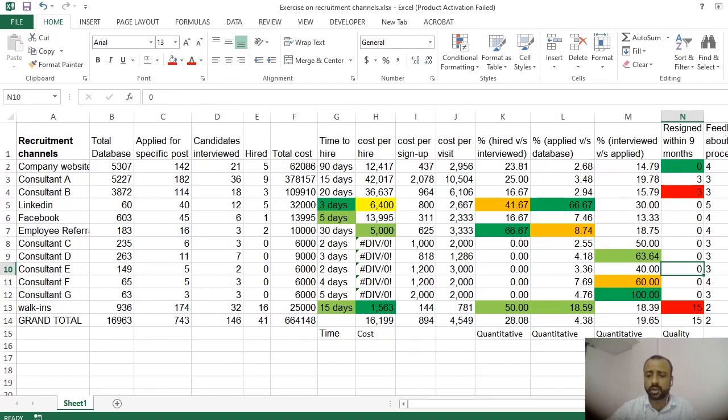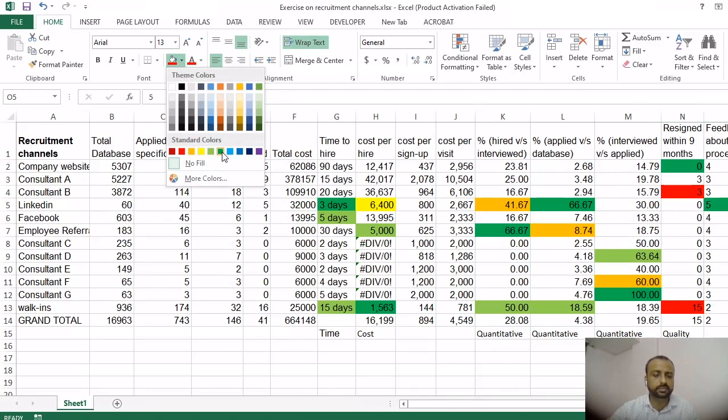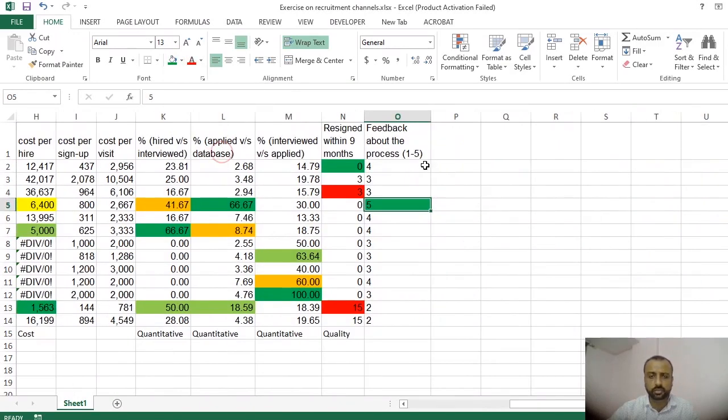Similarly, I have another last column which says feedback about the process. It has a rating from 1 to 5. Correct. So from 1 to 5 rating, 1 means poor, 5 means very good. So if I look at 5, this is very good. Good feedback about the recruitment is maybe the human reaction.